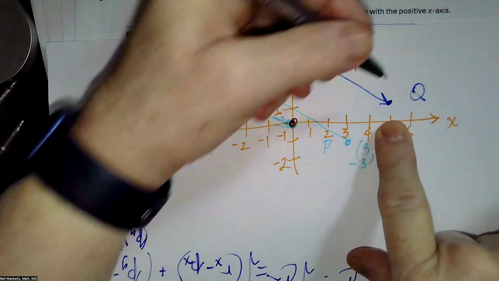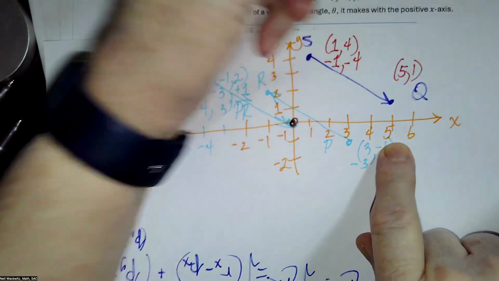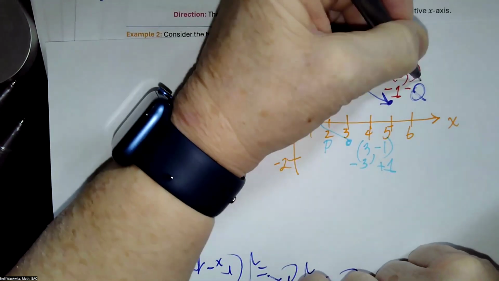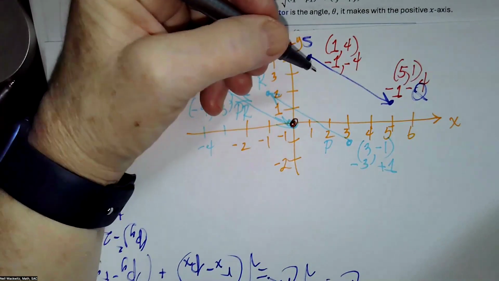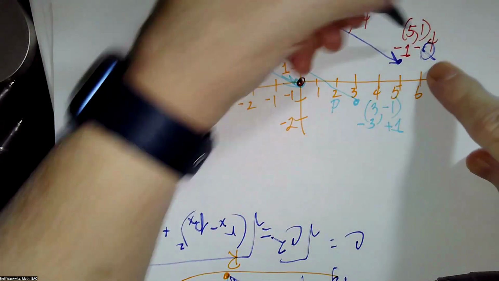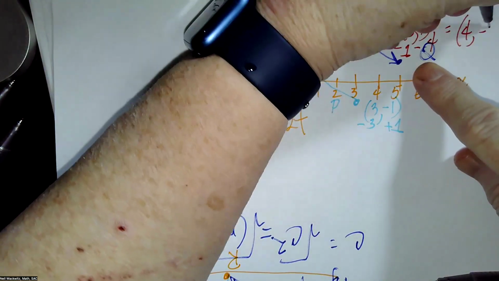And we're going to do the same thing with Q. Q is 5, 1. We're going to go 1 space to the left and down 4 so that we get 4, -3.